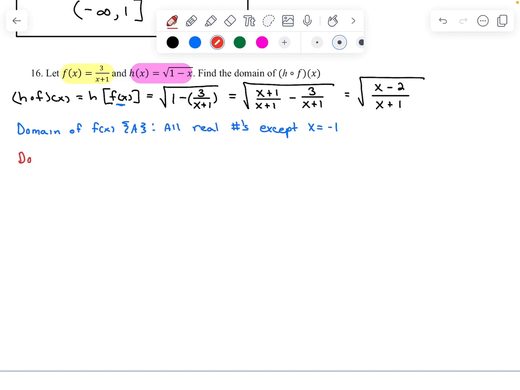All right, now I'm going to find the domain of the square root of x minus 2 divided by x plus 1. And we're going to call this B.